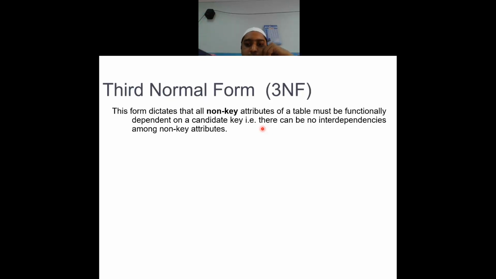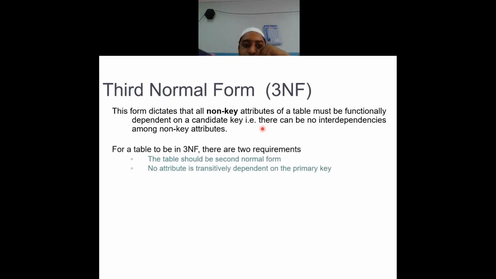So for that purpose, what we have to see is there should not be any interdependency among non-key attributes. One non-key attribute depending on another non-key attribute. This should not happen. They should depend either entirely on the primary key or they should depend on the alternate keys or candidate keys.